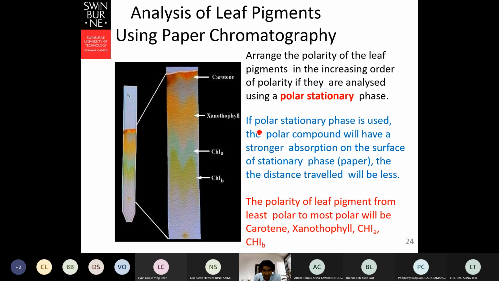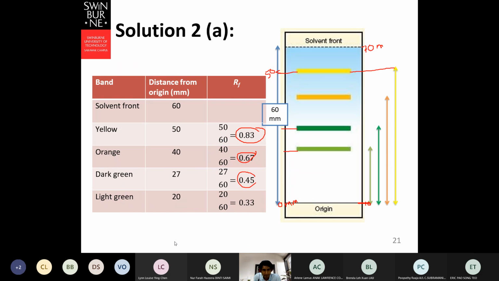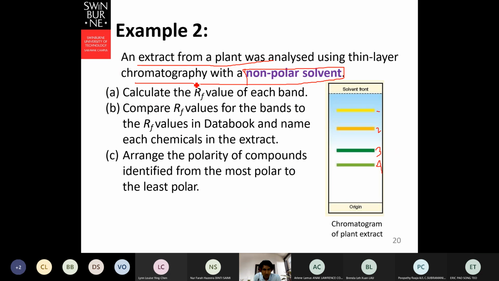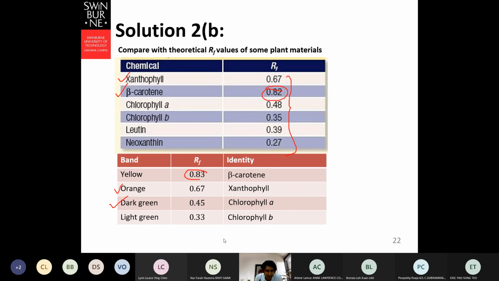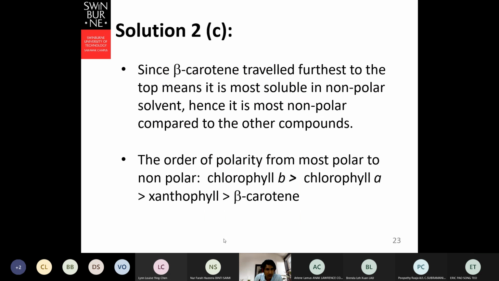If the polar phase is used with a polar compound, we'll have strong ionization. So the non-polar solvent will bring the non-polar material up. It will keep the non-polar material with it, and the non-polar things will travel along with this non-polar solvent. All right.